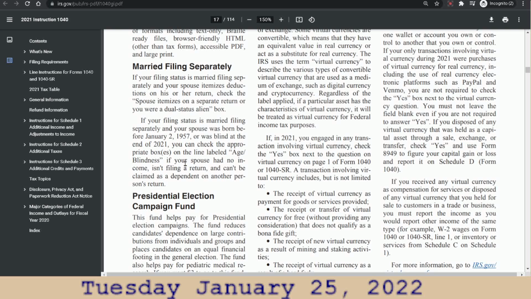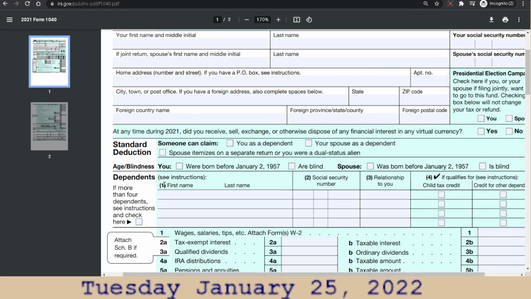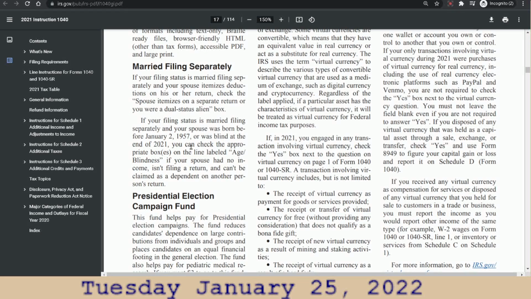I'm just trying to understand what it says here. If your spouse had no income, is not filing a return, and cannot be claimed as a dependent on another person's return, do that on your return if that's true, according to this right here.